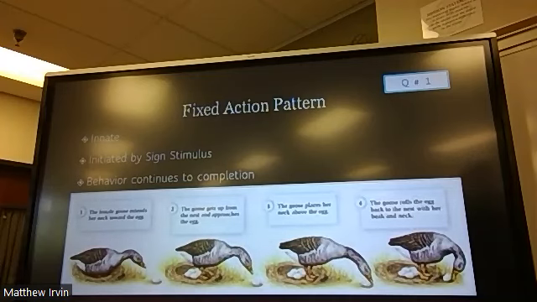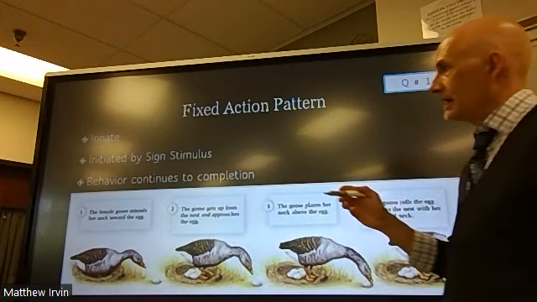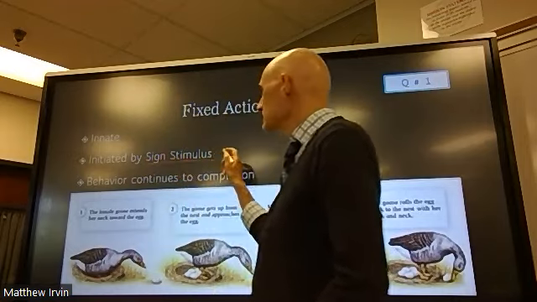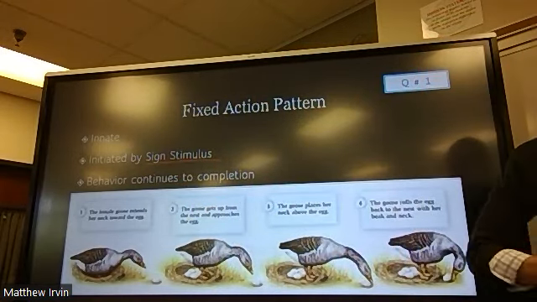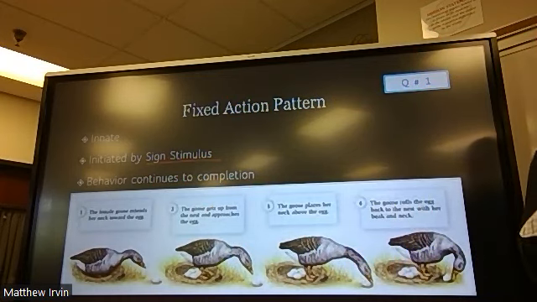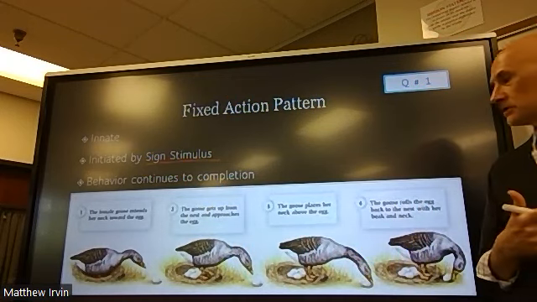So we remember that these are instinctive or innate behaviors that are going to be initiated by a sign stimulus, some type of external signal. And then once the behavior is initiated, the organism will complete that behavior even if the sign stimulus goes away.